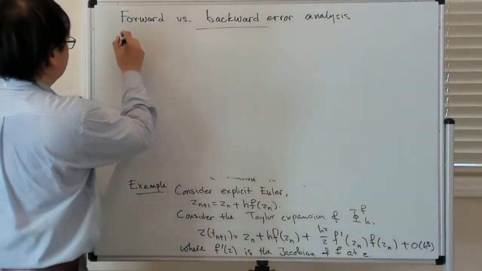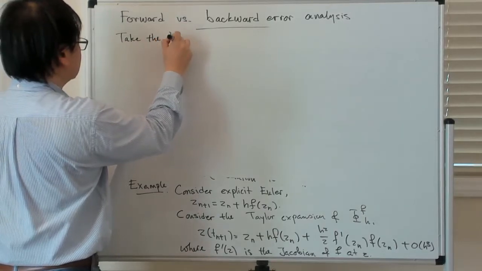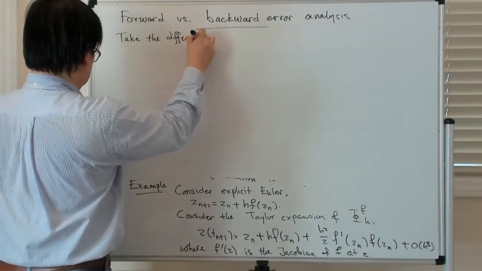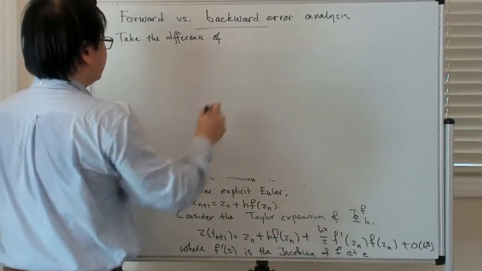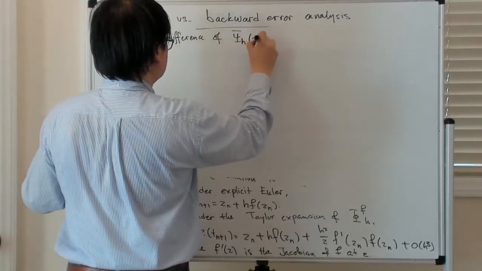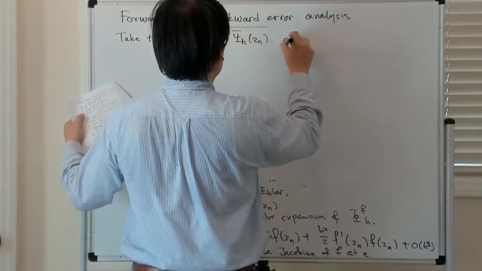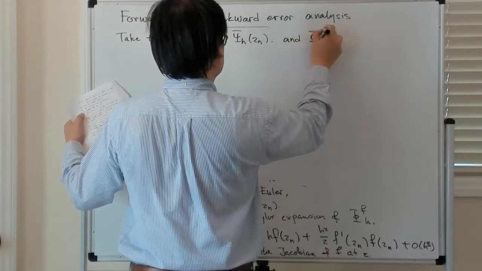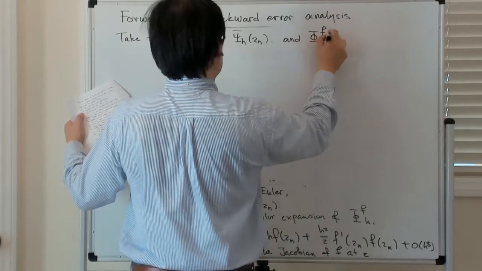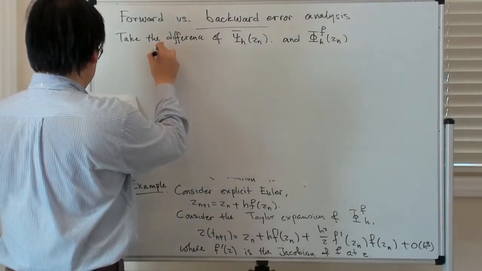Okay, so you take the difference of the numerical method, the Euler method, applied to the initial data and the flow map. And what you get is the following.